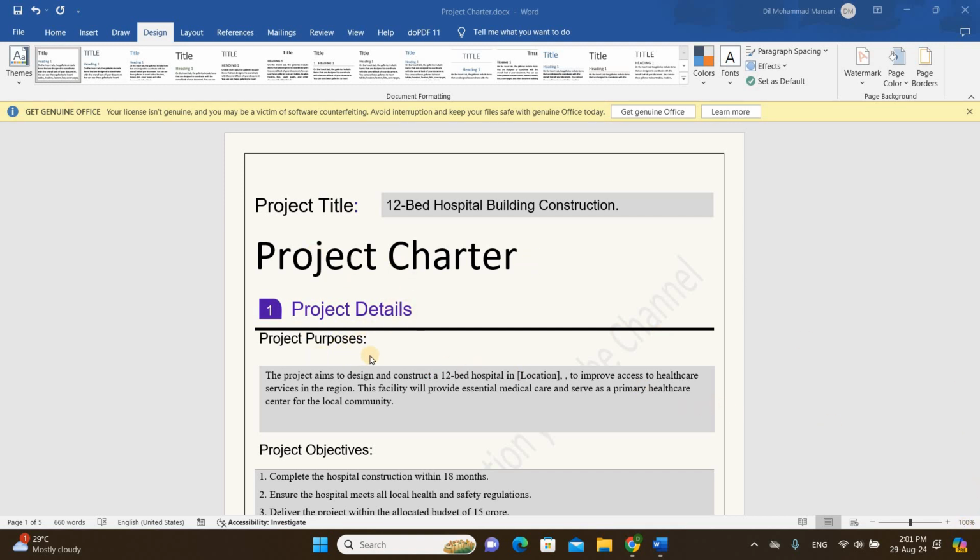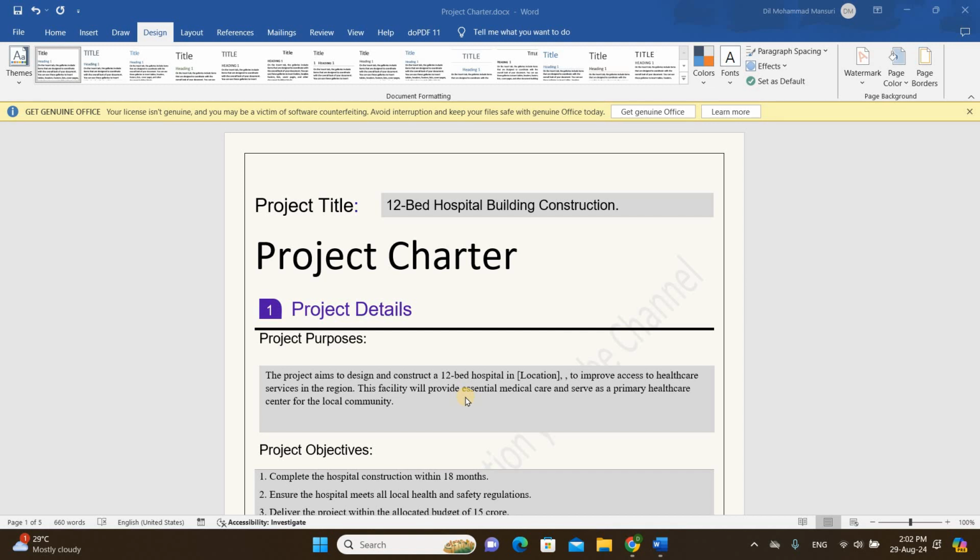Then the project purpose. What does the project aim to achieve? The project aims to design and construct a 12-bed hospital. You can also mention the location, to improve access to healthcare services in the region. This facility will provide essential medical care and services, and serve as a primary healthcare center for the local community.